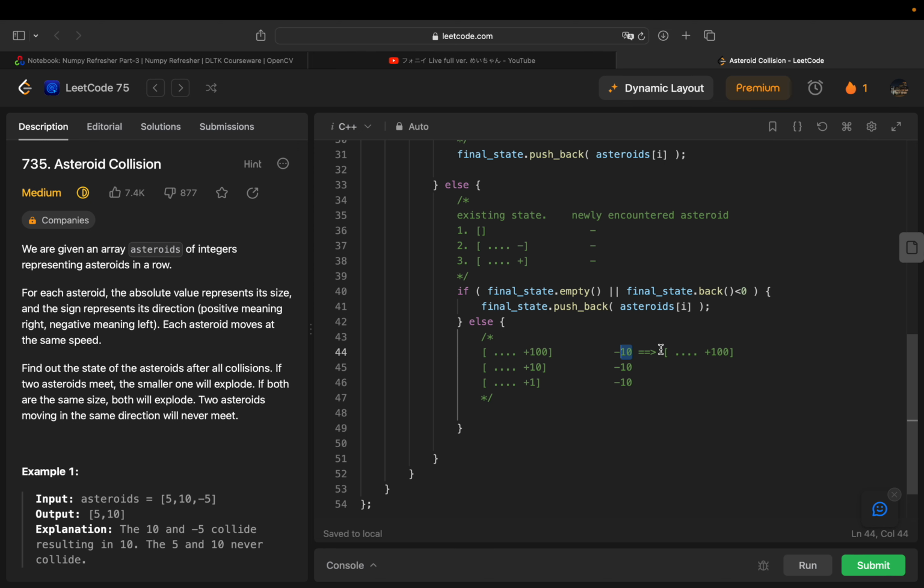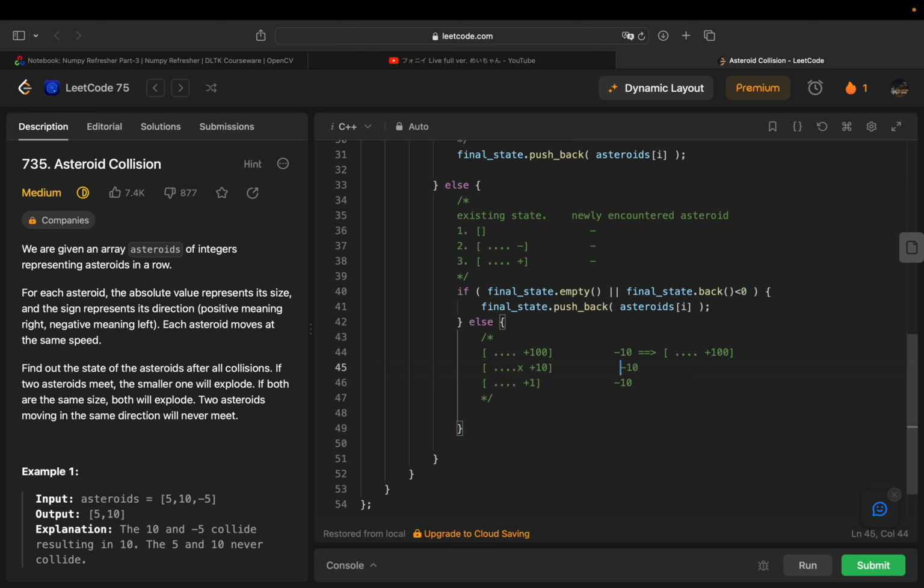So the final state remains invariant. In the second case, if the last asteroid has the same size as the newly encountered asteroid, then both will explode.